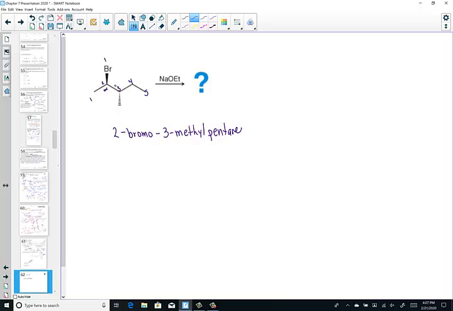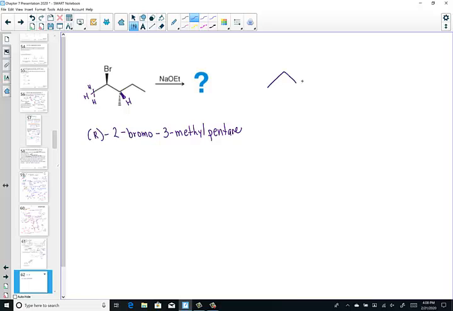So elimination. In an elimination reaction, we locate the alpha carbon and we find in either direction the beta carbons and look to see what possible configurations we have for elimination. I can see that the beta hydrogens at position 1 are indeed available for elimination. In the presence of this strong base, I can abstract a proton, that bond collapses, and the leaving group leaves.